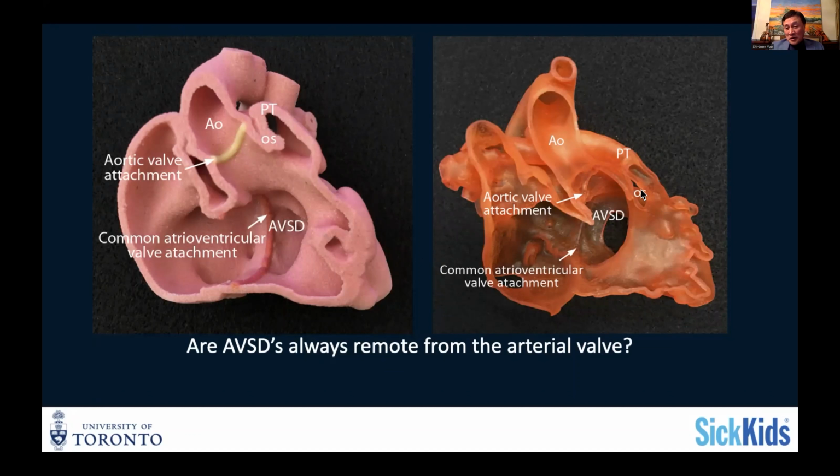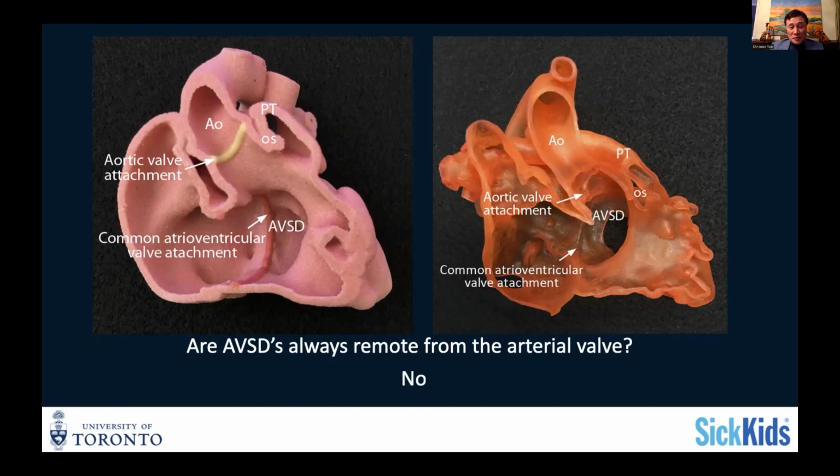The outlet septum is here, and the subpulmonary outflow tract is narrow. Which means that this tetralogy with VSD is not necessarily remote. Yes, the low part is remote, but the VSD is directly below the aortic valve. The VSD can extend frequently, actually, in DORV, toward the aortic valve or toward the pulmonary valve.